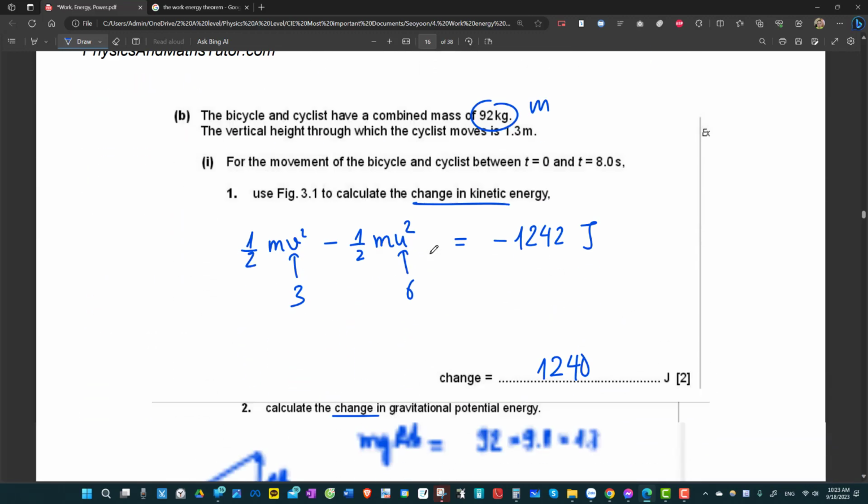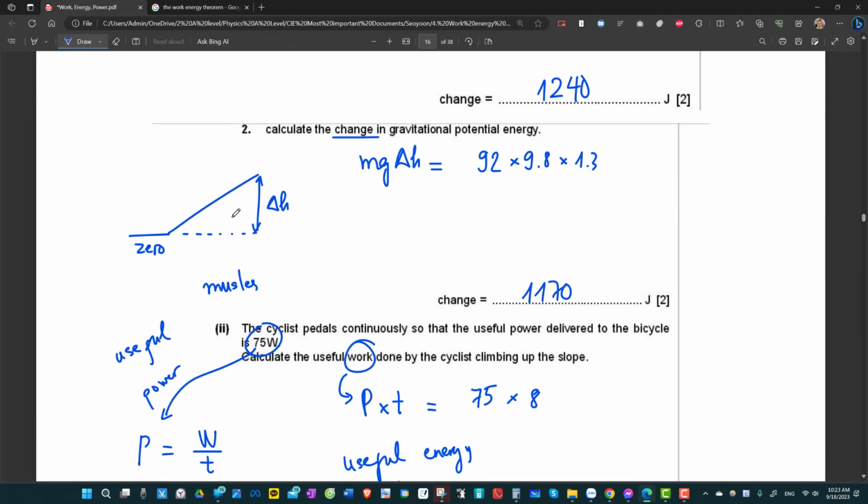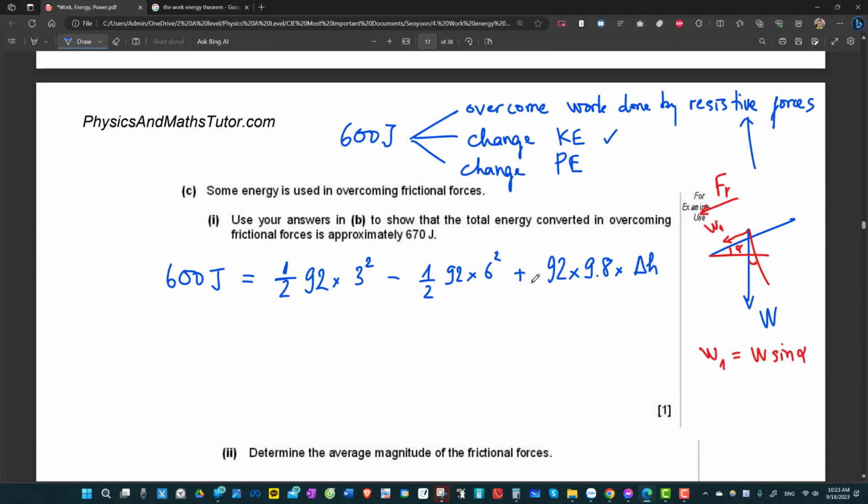We know the distance. Delta h here, the change in potential. We already calculated that change in potential. The increase in the potential energy is 1170. So replacing the whole thing here by that value, 1170.